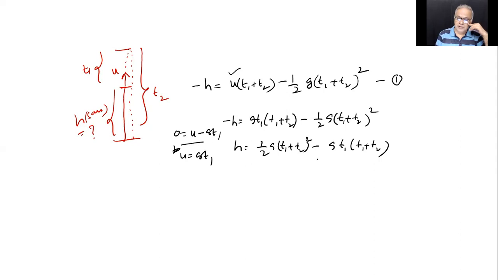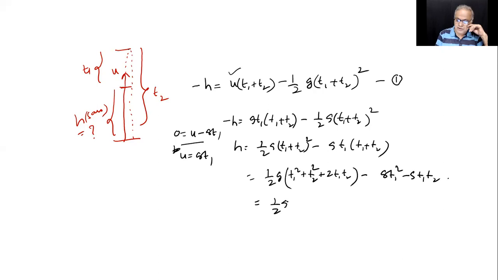Now simplify: half G (T1 square plus T2 square plus 2T1 T2) minus GT1 square minus GT1 T2, isn't it?